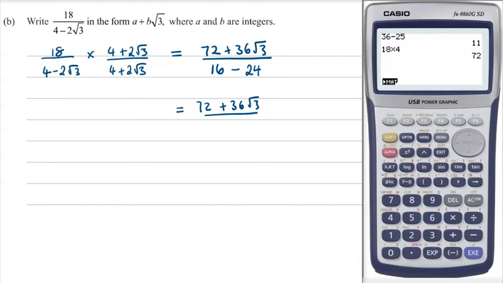I realised I've made a mistake. That wasn't 24, so 2 root 3 times 2 root 3 would be 4 times 3, so that's just 12. Okay, so 16 minus 12 is 4. So 72 divided by 4, 18 plus 9 root 3.